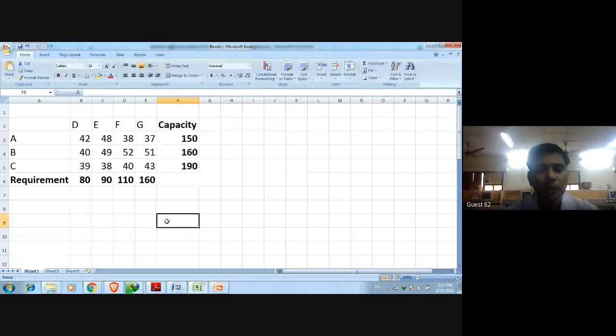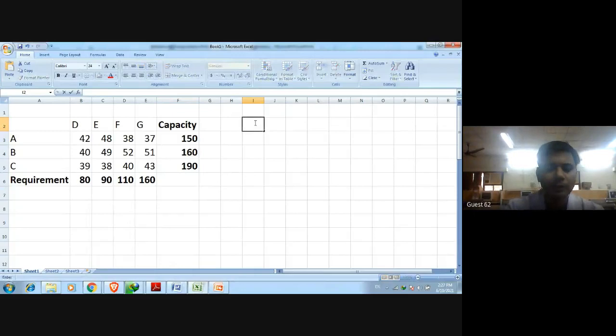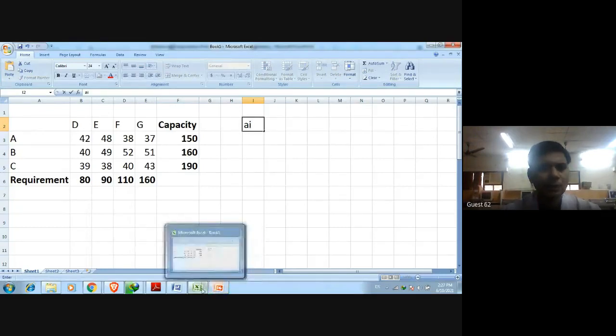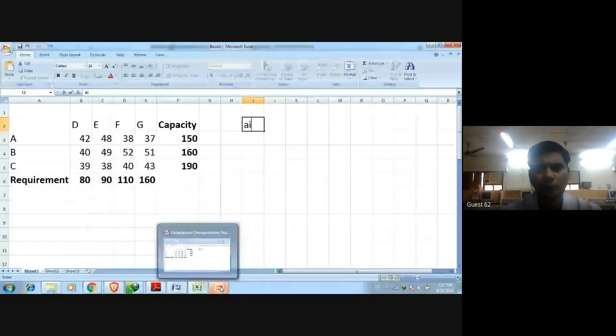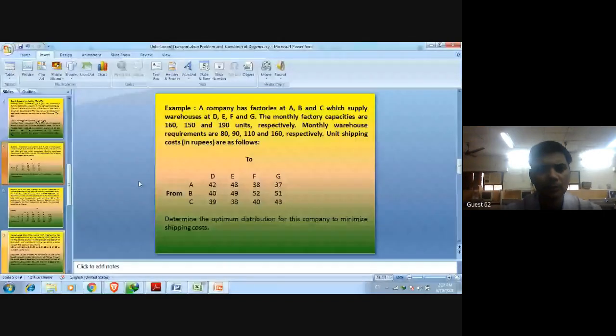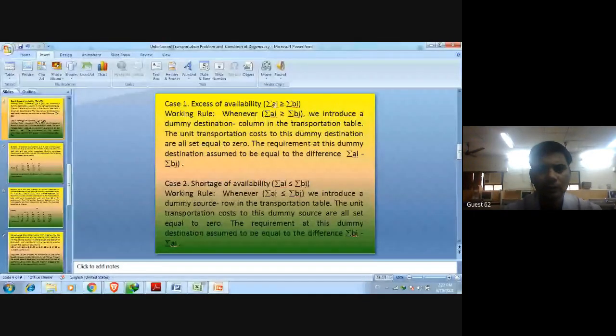So what we have to do, we will find the sum of AI. Summation of AI. Let's check summation of AI.